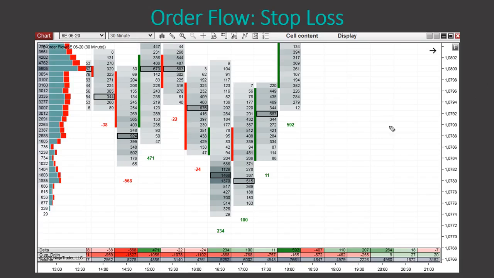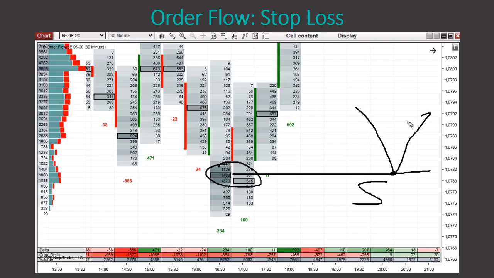In this example, this is a strong support, so when there is a pullback you expect a buying reaction, and in this case this is the low of the swing point, so the ideal place for the stop loss would be in here, low of this area.